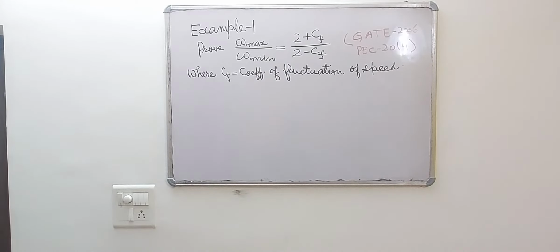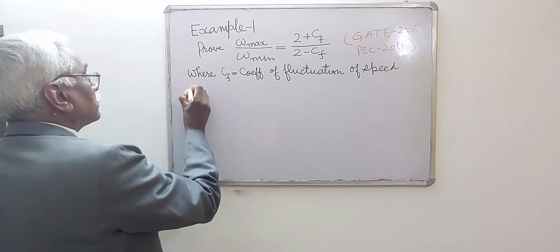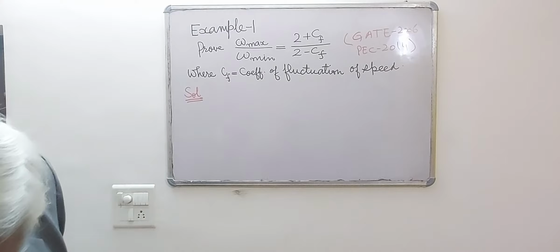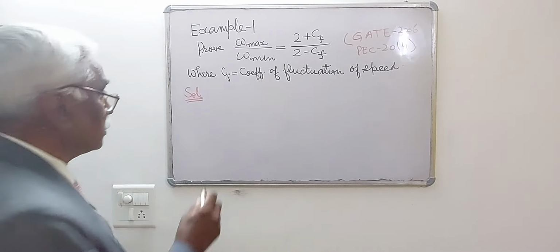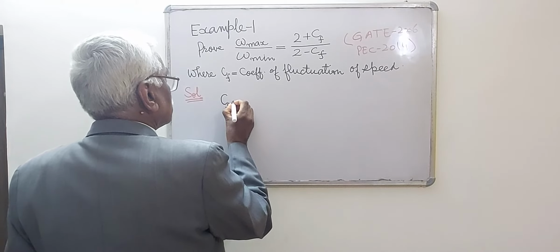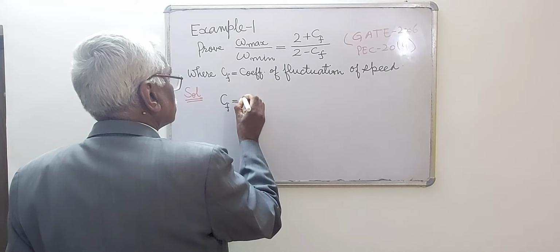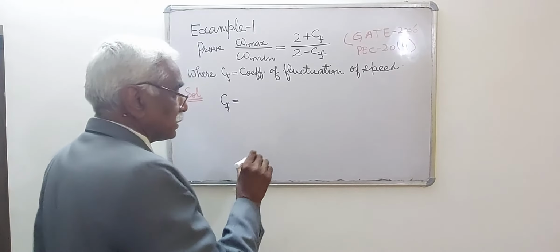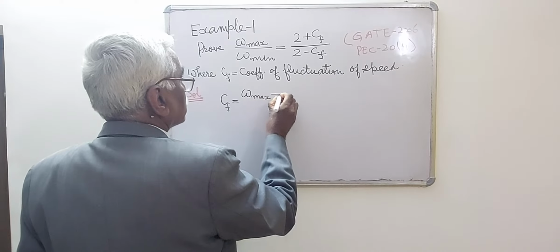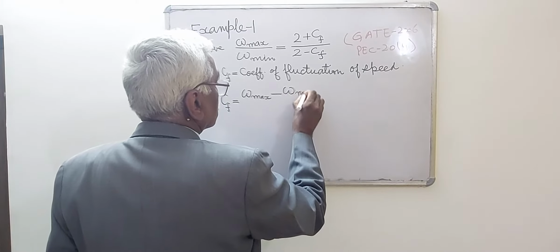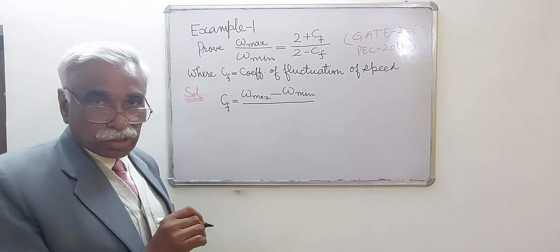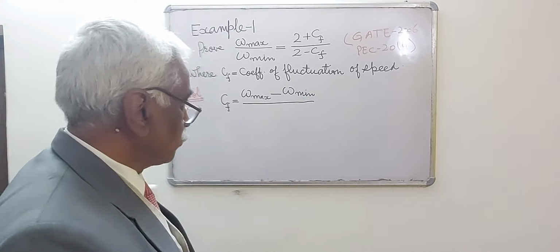We know that the solution can be like this. We know that the coefficient of fluctuation of speed, that is CF, is given by maximum speed, that is omega max, minus omega minimum, divided by the average angular velocity or angular speed of the flywheel.